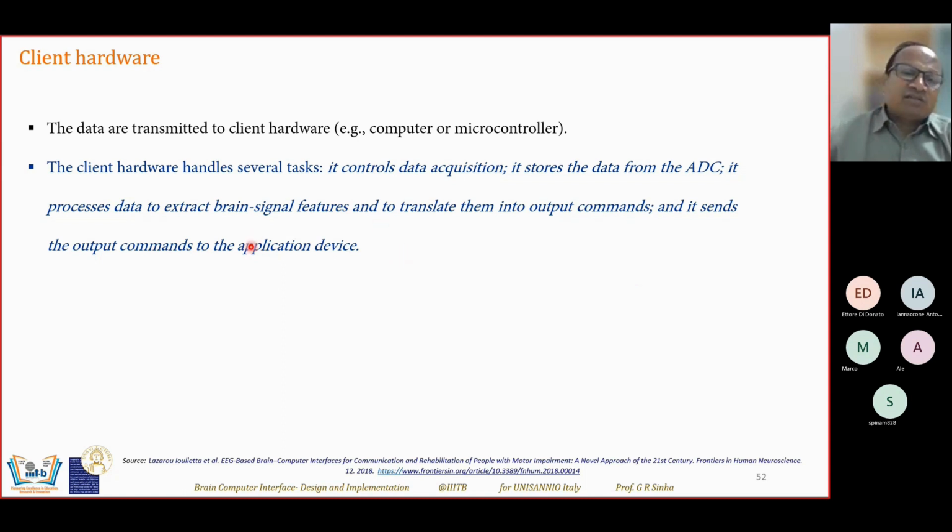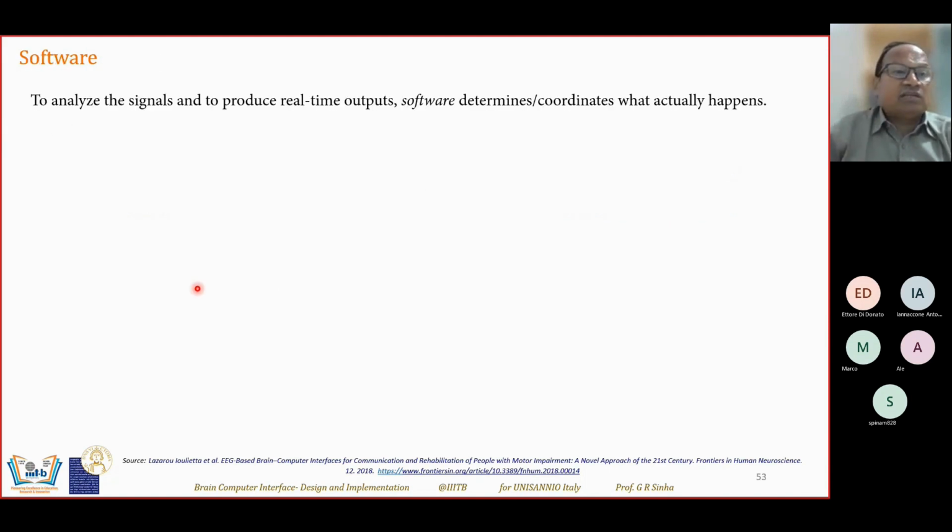Say the application device is a wheelchair or some other arm that needs to be controlled. All these are functionalities of the client hardware.